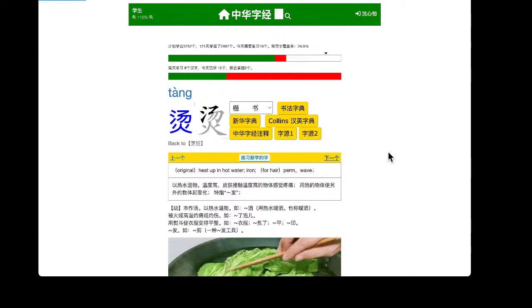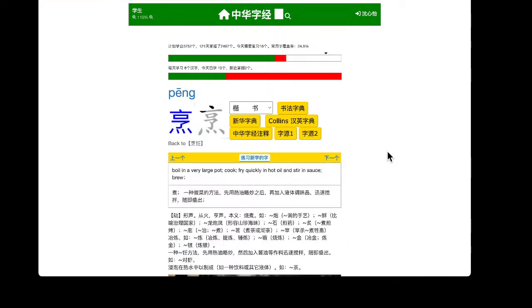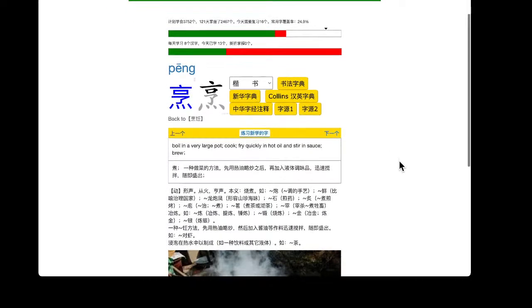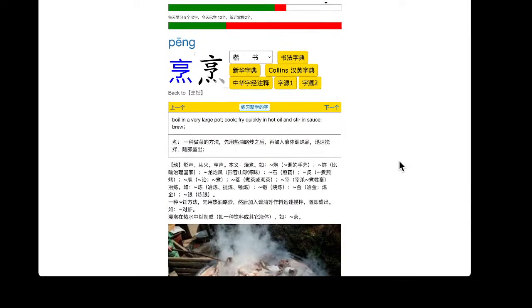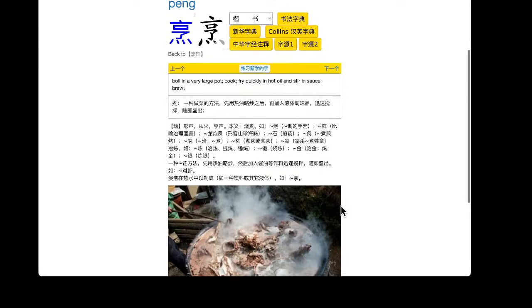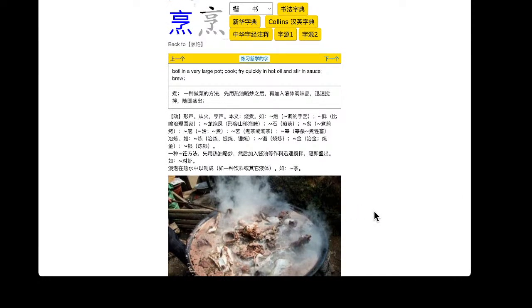Next one, 烹. 烹 is a cooking method. Basically, it's boiled in a very large pot called a 烹. Usually, the way they cook is first they put it in some oil and stir fry it, so that the outside of the meat gets cooked first because of the oil.